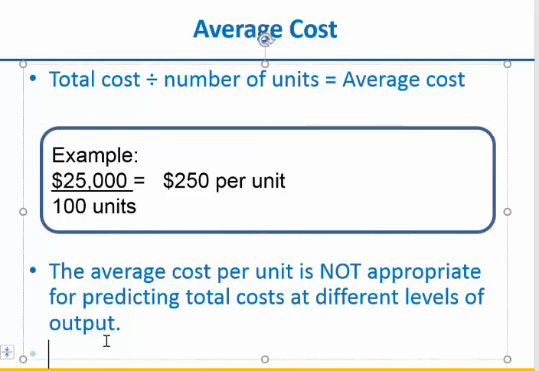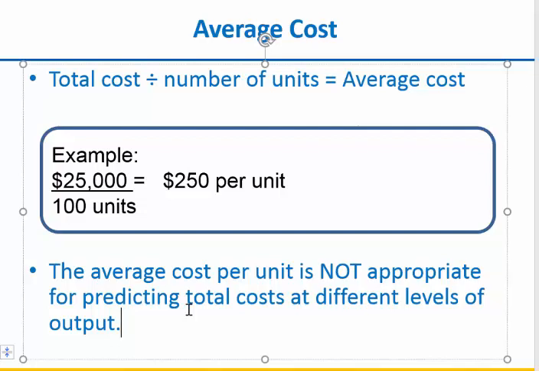Okay. So you probably don't want to use the average cost per unit to predict the total cost at different levels of output. It's very dangerous because the average cost consists of average variable cost per unit and average fixed cost per unit. The variable cost per unit is constant, we know that. However, the fixed cost per unit is not constant.